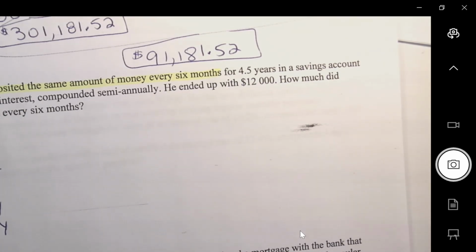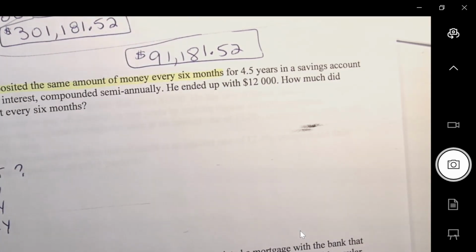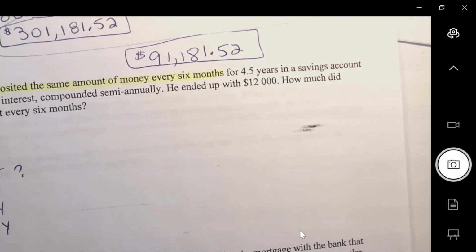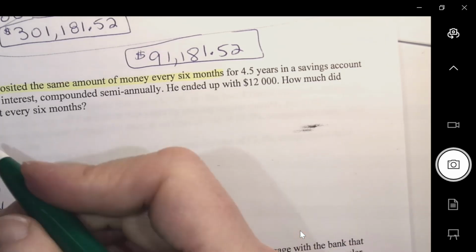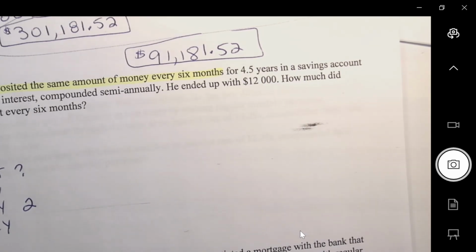Okay, so Alfonso is depositing some money. So that's actually a question mark on the payment. Some money, every 6 months. This is the same as last time. Something that's every 6 months means it will happen twice a year.